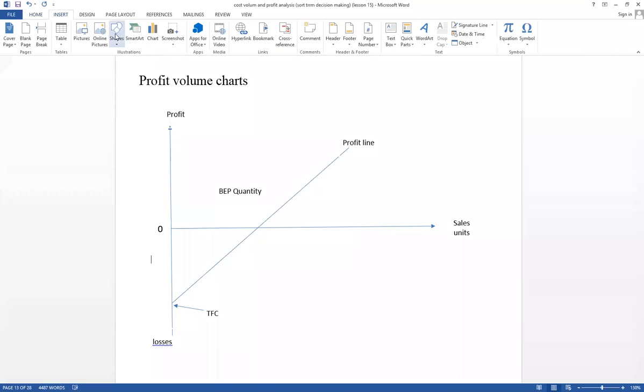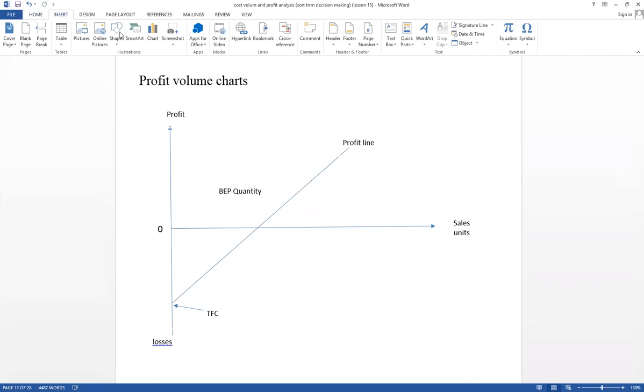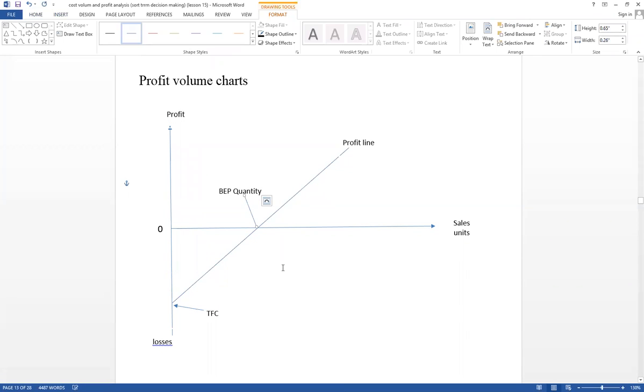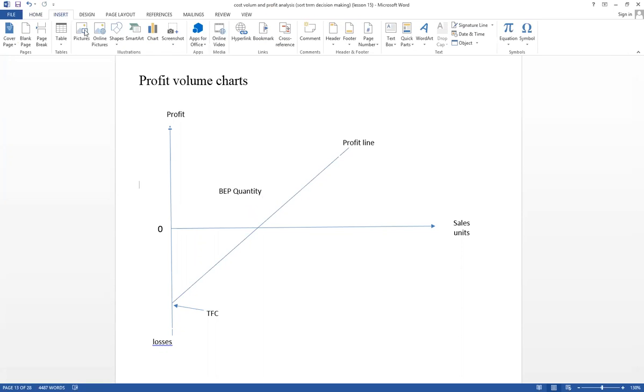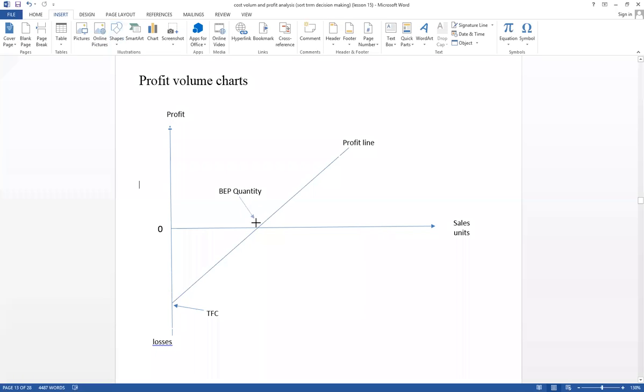And beyond BP, there is a profit. Think about profit volume charts. This is a break even point quantity. Beyond the BP, there is a profit. And below BP, there is a loss.